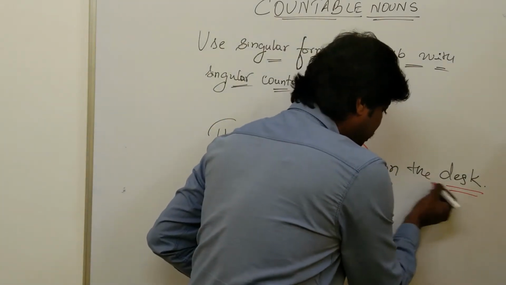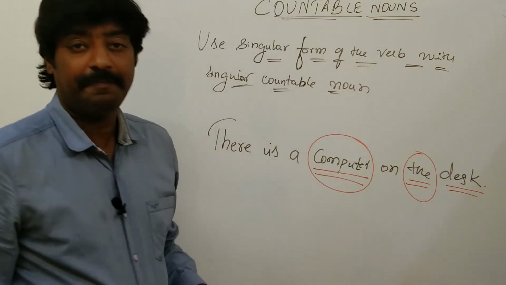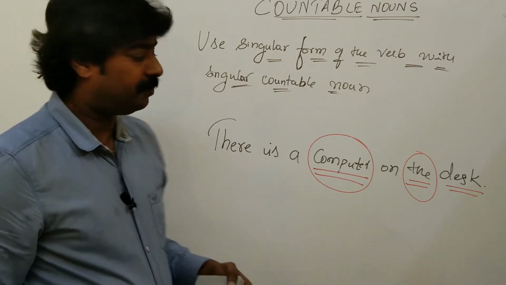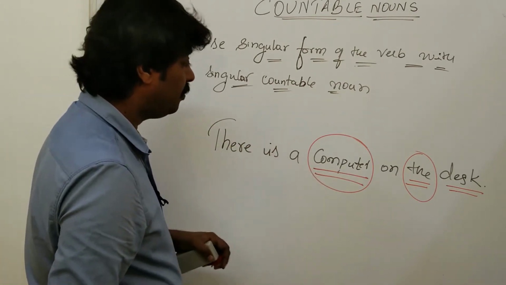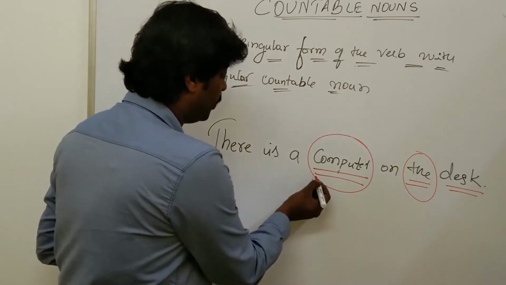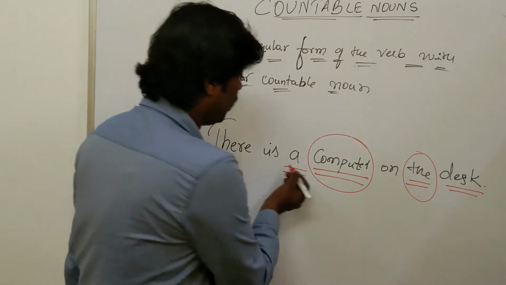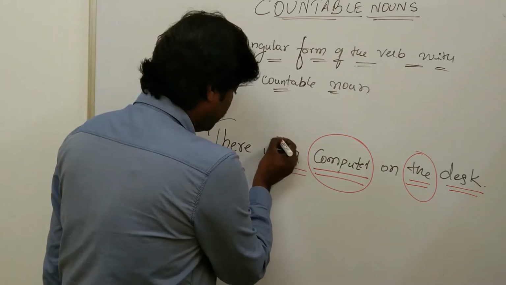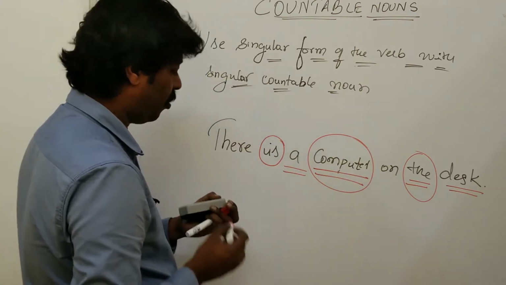Yes, it's a singular countable noun, desk. However, the desk is preceded by the definite article the, while here we have a computer, preceded by a. It is a singular countable noun. So we need to use singular form of the verb.